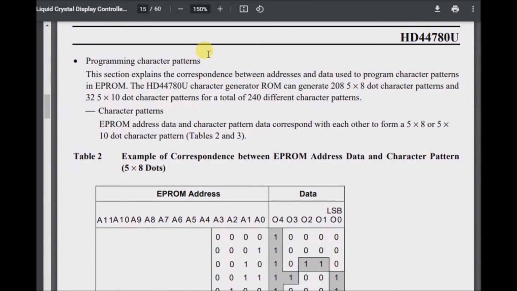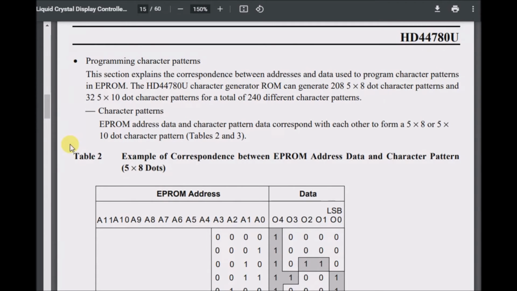Programming character patterns. This section explains the correspondence between addresses and data used to program character patterns in EEPROM. The HD44780U character generator ROM can generate 208 5x8 dot character patterns and 32 5x10 dot character patterns for a total of 240 different character patterns.